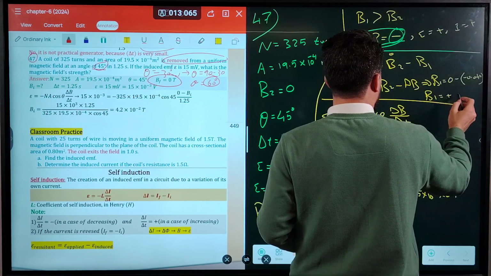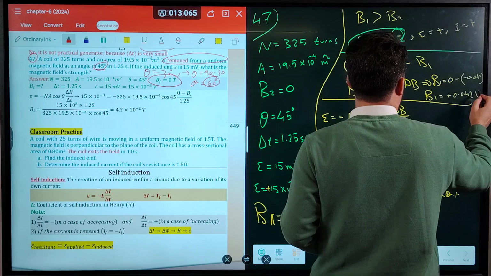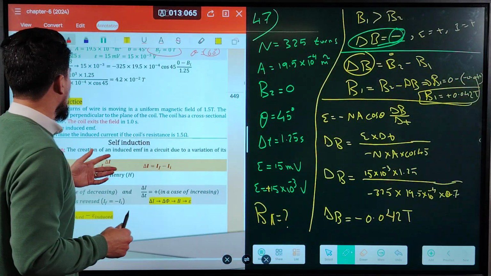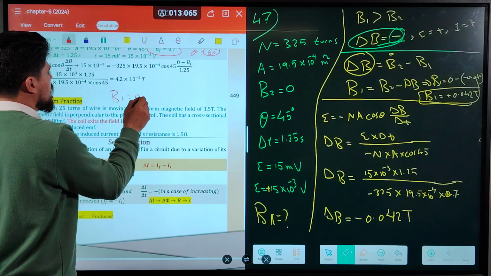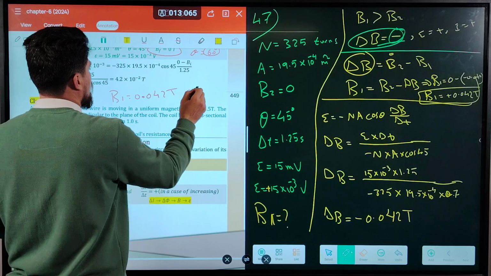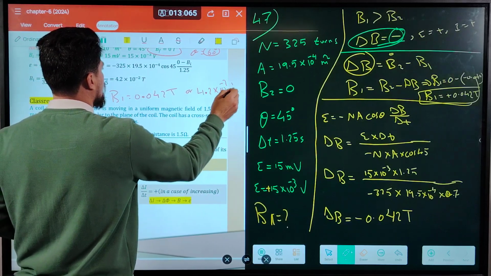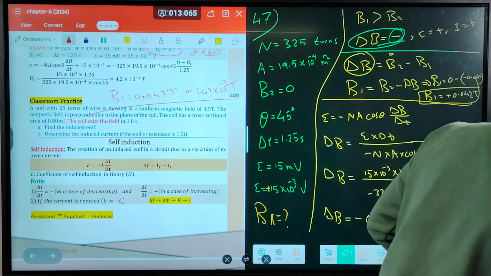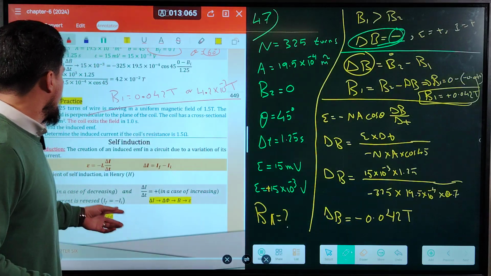B1 is equal to positive 0.042 Tesla, or 4.2 times 10 power negative 2 Tesla in scientific notation, which is the same thing. It doesn't matter. Whether in scientific notation or in decimal, both are correct.